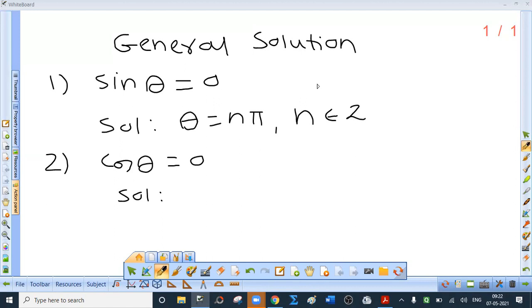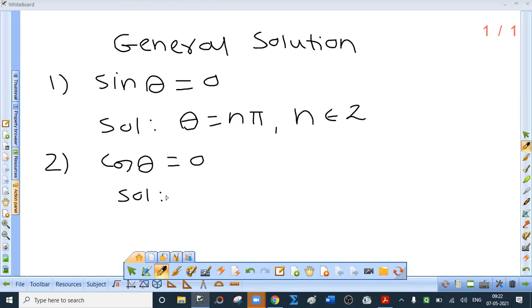When the point lies on the x axis, and that is why for 0 degree, pi, 2 pi, 3 pi, 4 pi, for all these angles, sine ratio is 0. Similarly, cos theta is y. Now cos theta is 0. I'm sorry, cos theta is x. So cos theta is 0 means x is 0.